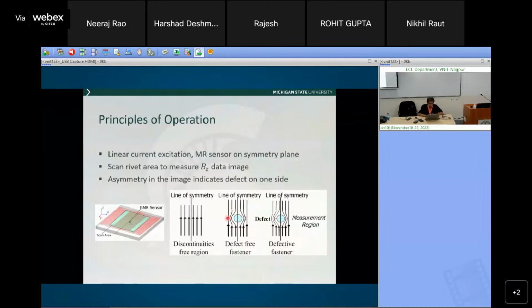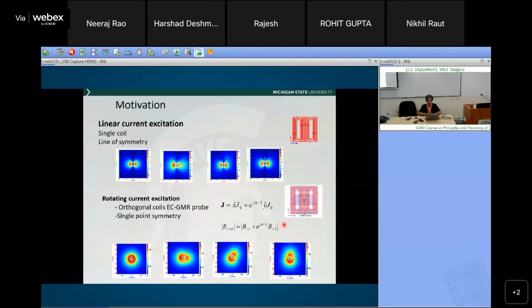This is a defect-free sensor, and this is the defective sensor. So you will see some kind of asymmetry between the two lobes that we observe. Okay, so this is how a typical signal looks like from a single linear current source. So this is no defect, and this is with the defect.